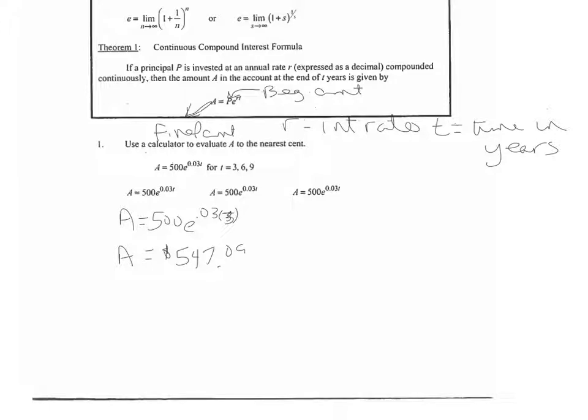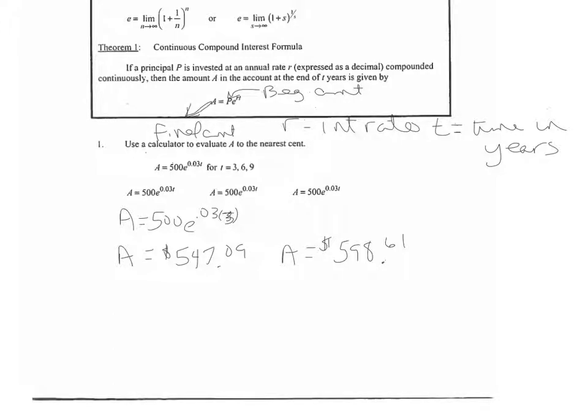If we then put in 6, let's say we leave it there for 6 years, we would get what? $598 and 61 cents. Very good. Okay, so 3 more years yields us just a little more than 40 extra dollars. That's not necessarily a big return on your investment.